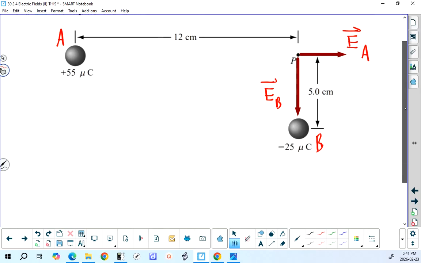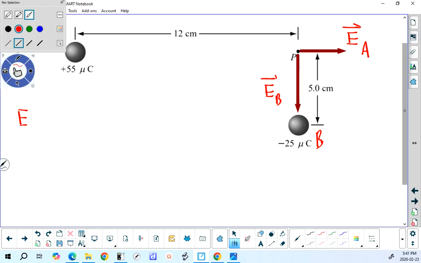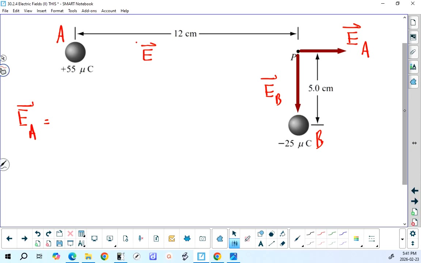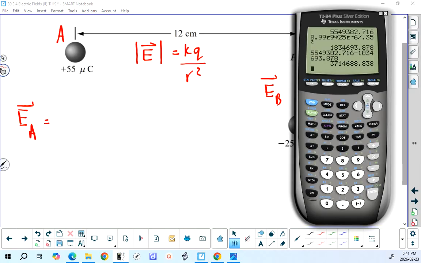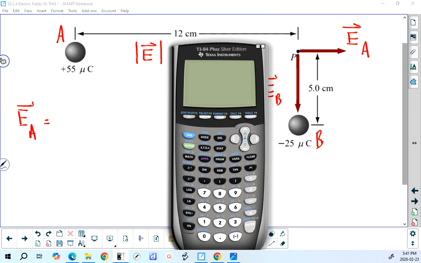So what we need to do is calculate the electric field at A. And I'm not going to write down everything in this example. Electric field magnitude is found by taking K times Q over R squared. By the time we've gotten to this point in the course, I don't think it's really necessary for us to write down everything.